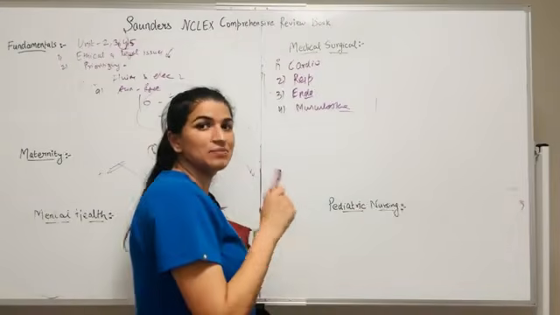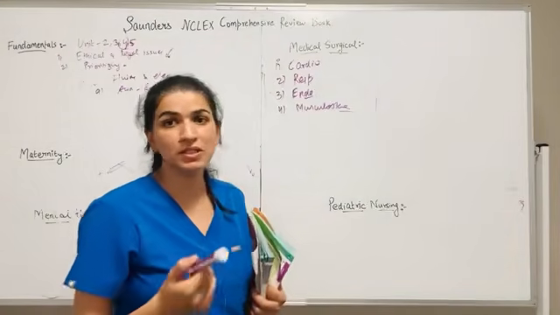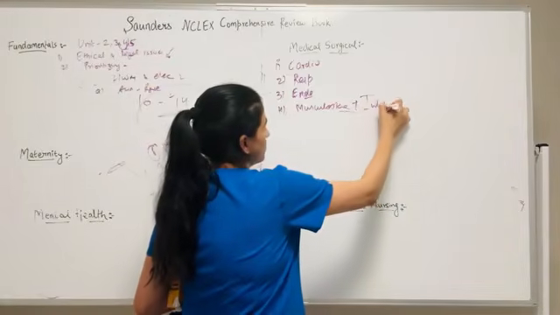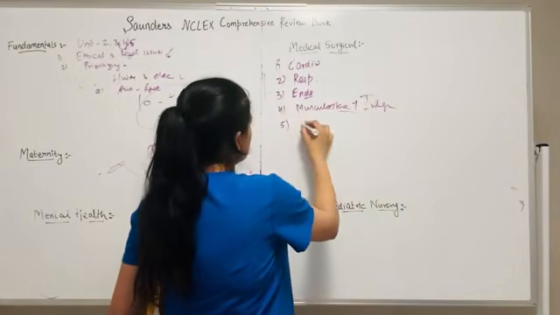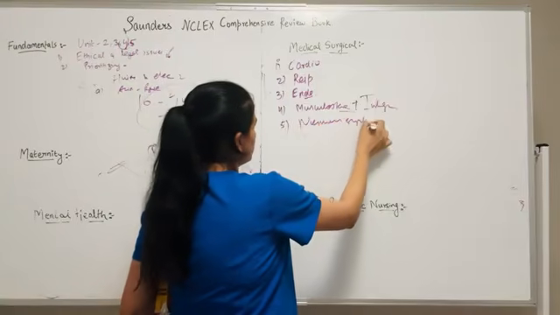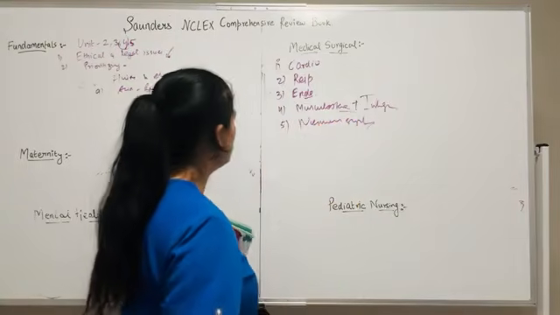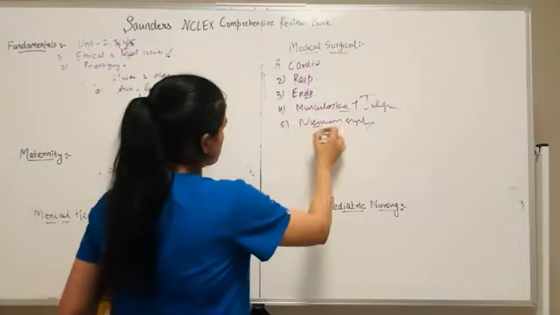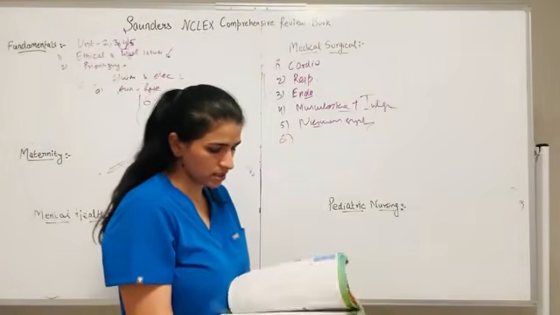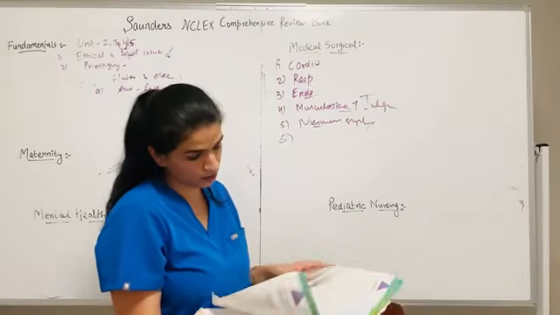Try to read this system along with integumentary, because integumentary is a very small unit. So plus integumentary. After this, you need to read the nervous system, and then the neurological system.